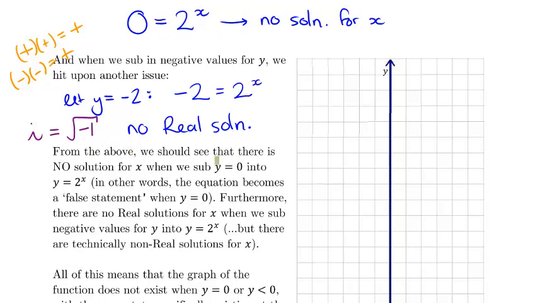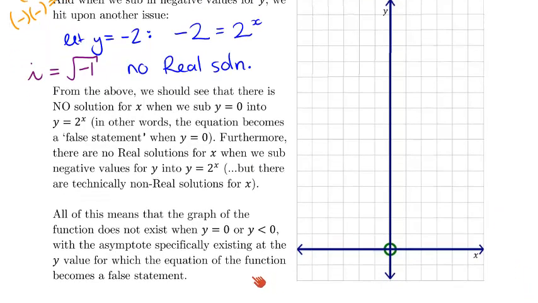From the above, we should see that there is no solution for x when we sub y equals 0 into y equals 2 to the x. In other words, the equation becomes a false statement when y is equal to 0. Furthermore, there are no real solutions for x when we sub negative values for y into y equals 2 to the x, but there are technically non-real solutions for x. Now, what does this mean?